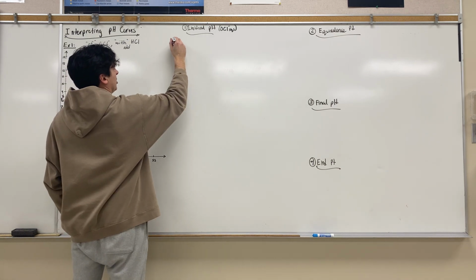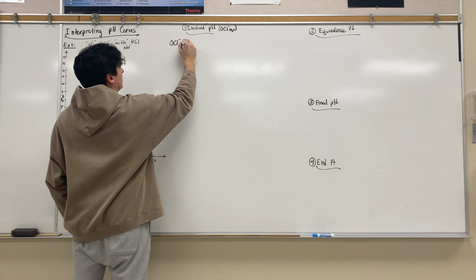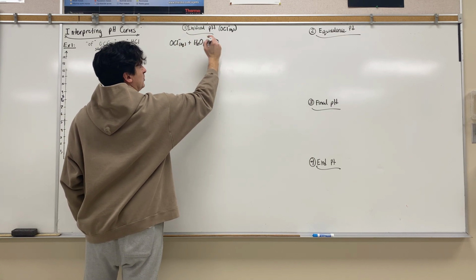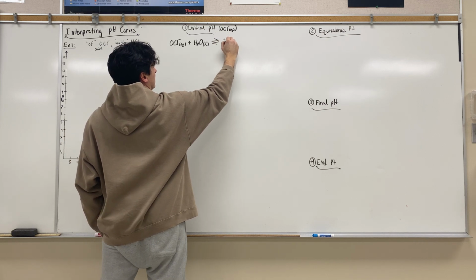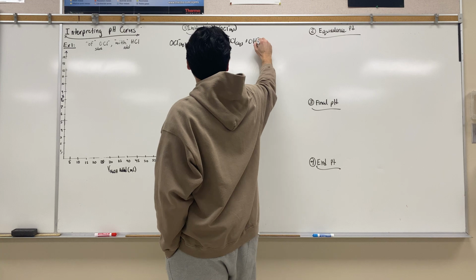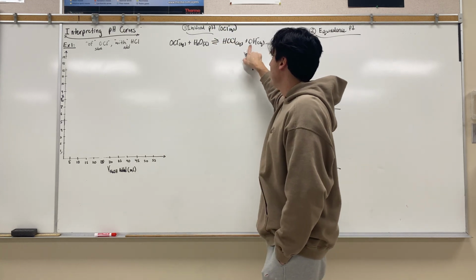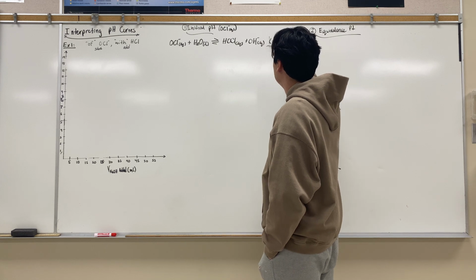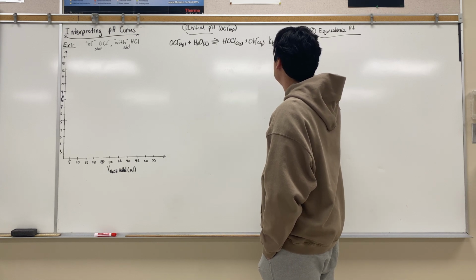Now, we're gonna write OCl minus plus H2O, because it partially ionizes because it's a weak base, and it's gonna give us HOCl and OH minus. Now, because this is making OH minus and it's a base, we need Kb. But you guys know by now, Kb is not easy.